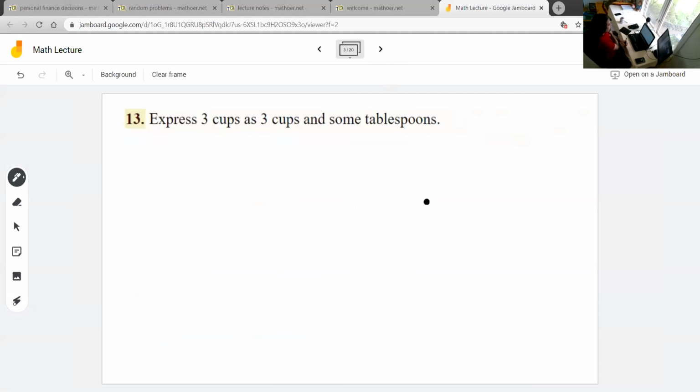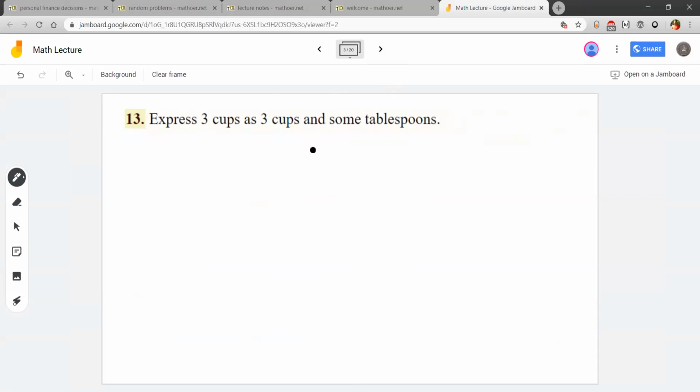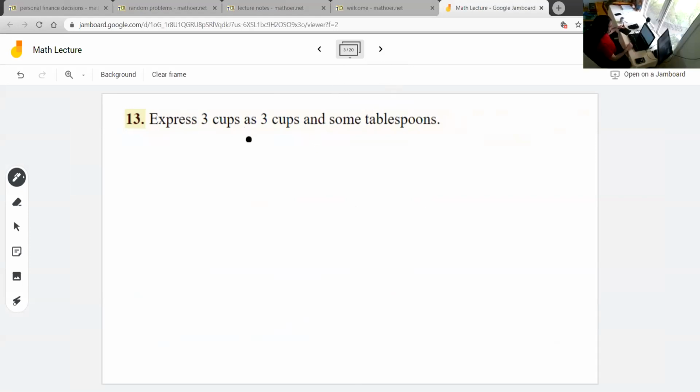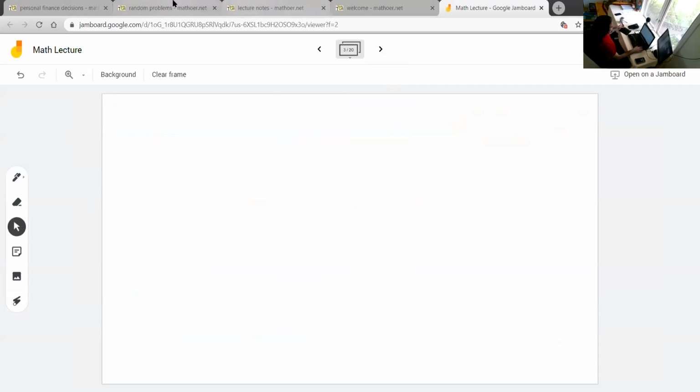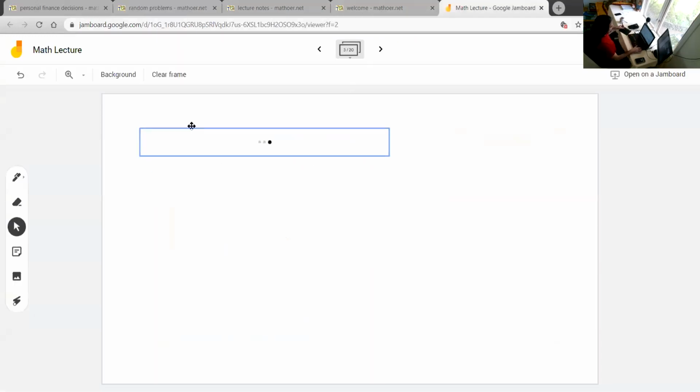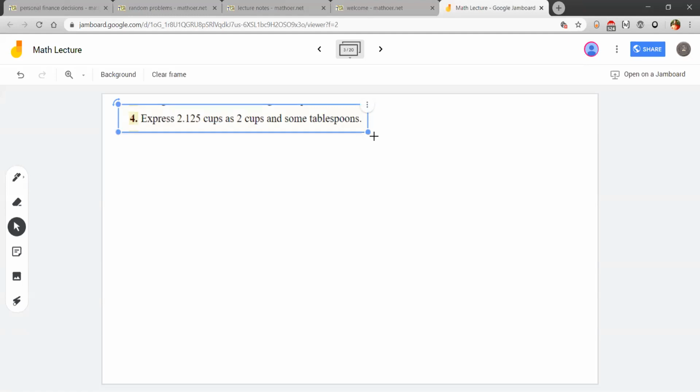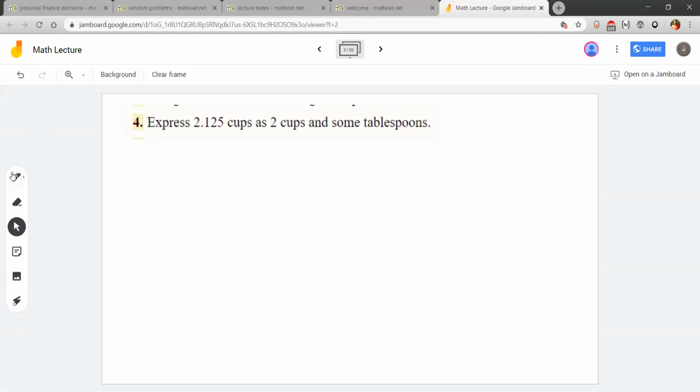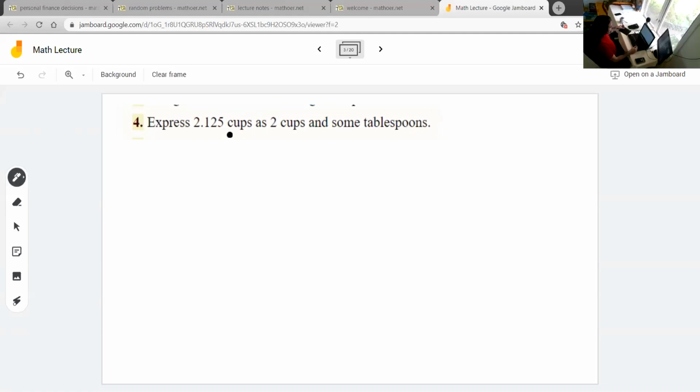Okay, express. Whoop, that one's broken. There's no tablespoons here. So let's find a new one that's better. Okay, there we go. That's what it's supposed to look like. So we have two cups, and that's just going to hang out in front.